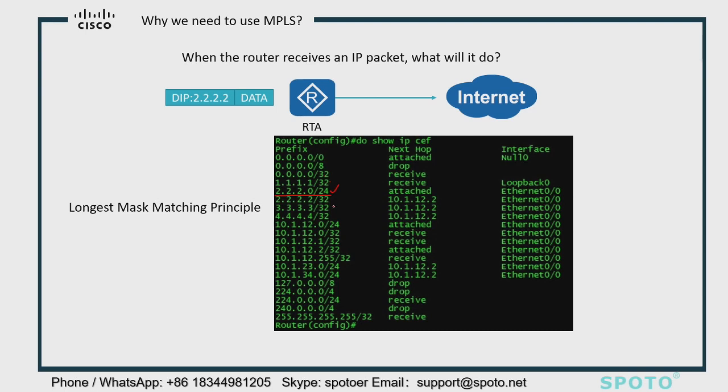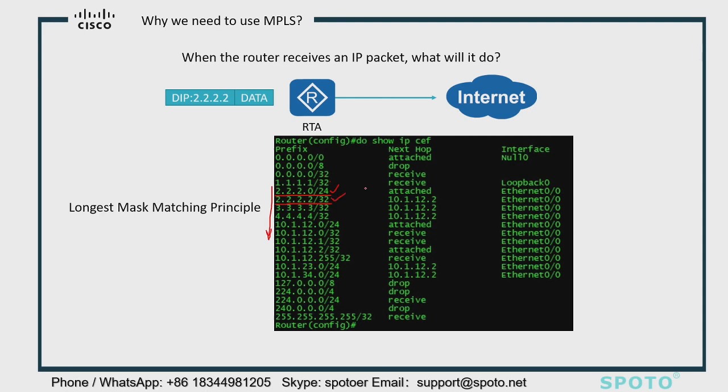The router can't forward the packet according to this entry directly. You need to know this. It needs to search the routing table from top to bottom. It means the router needs to search the whole routing table. So it needs to search the next one. We will find 2.2.2.2 with mask length 32.